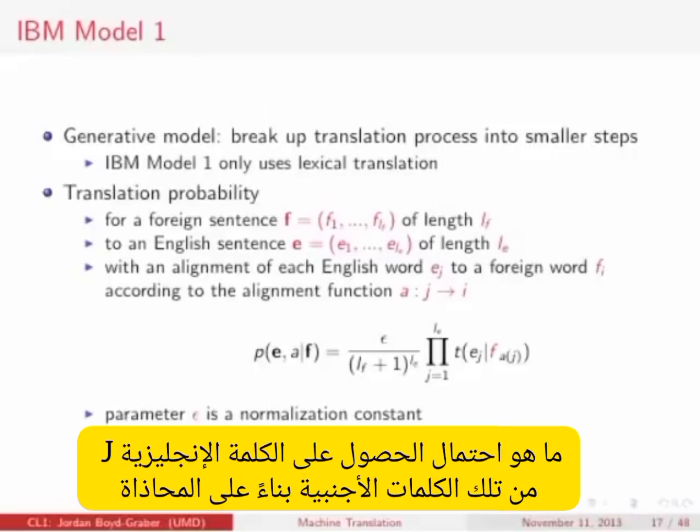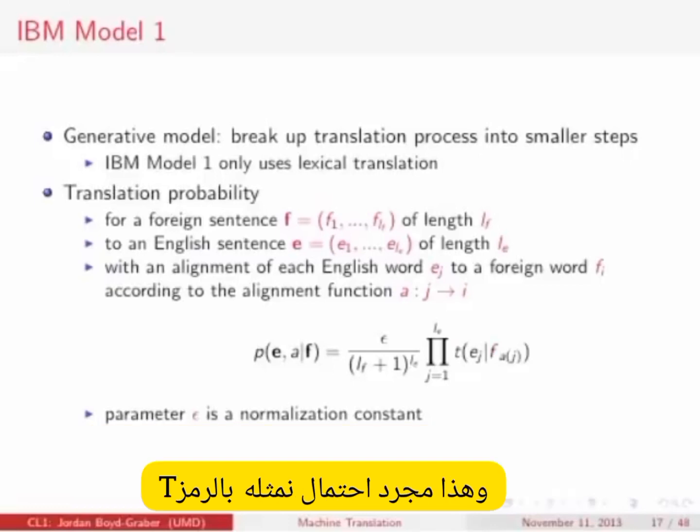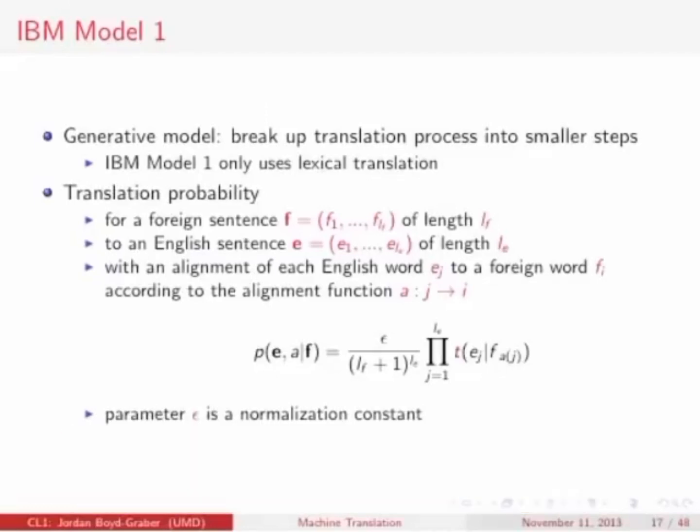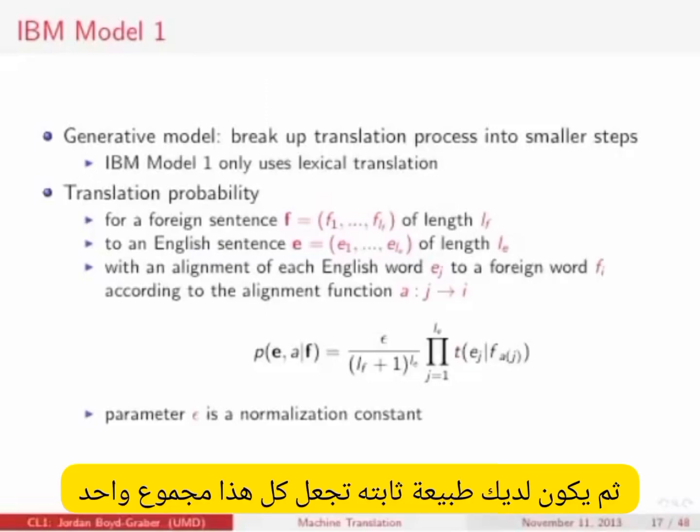What is the probability of getting English word j from that foreign word based on the alignment? And this is just a probability. We represent that probability with a t. This is parameterized by an English word and a foreign word. You can just look up that probability.